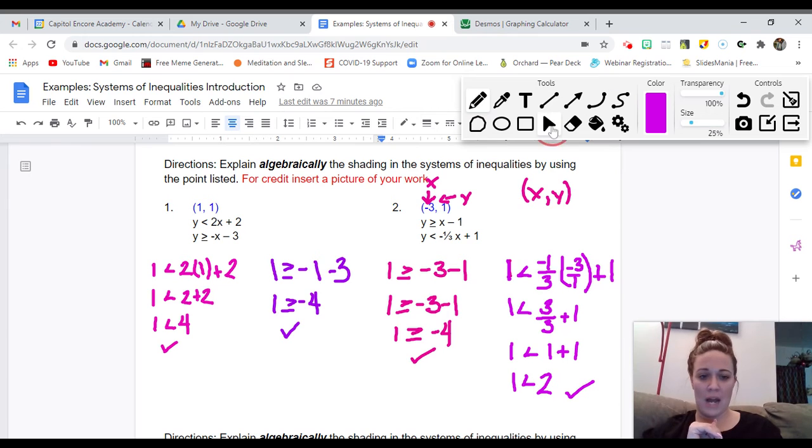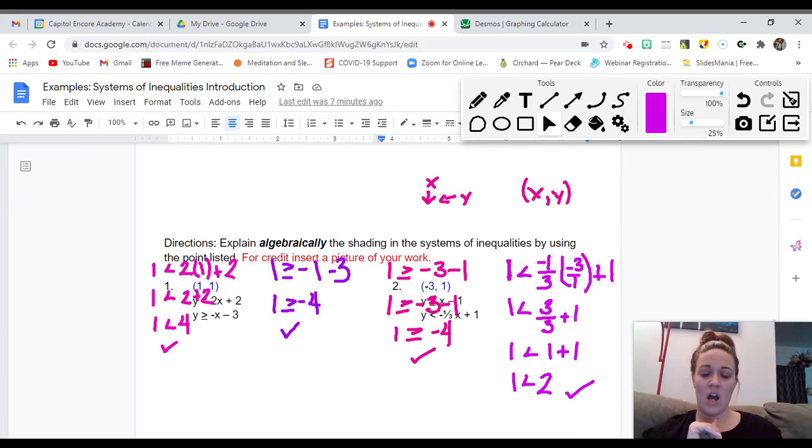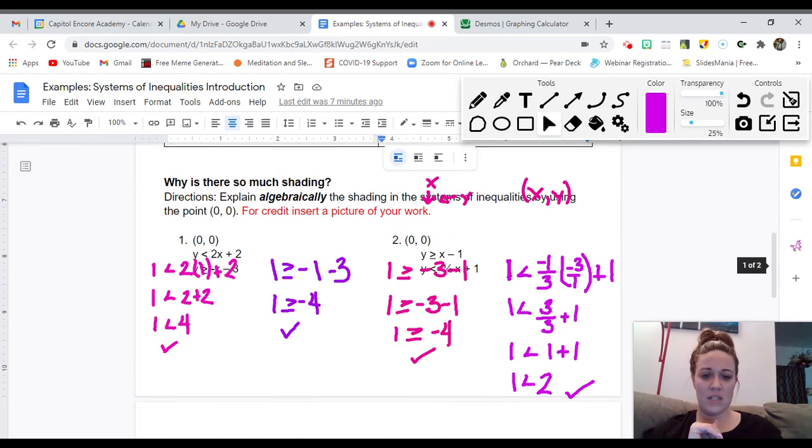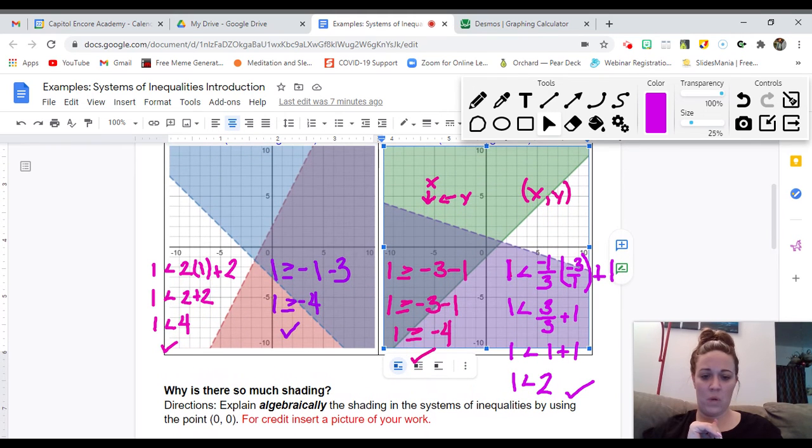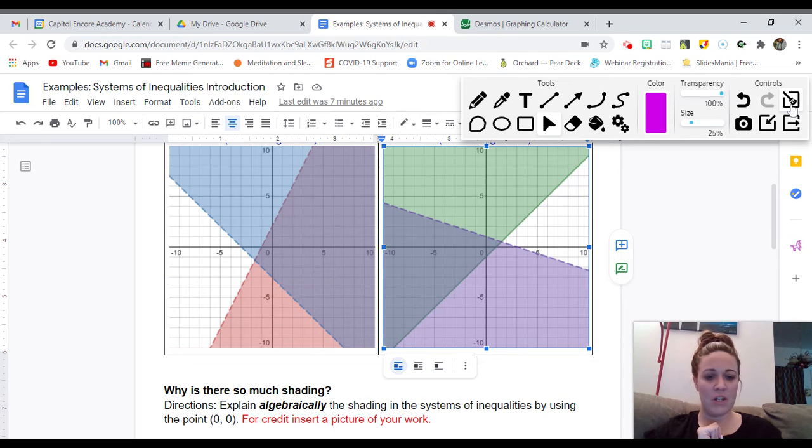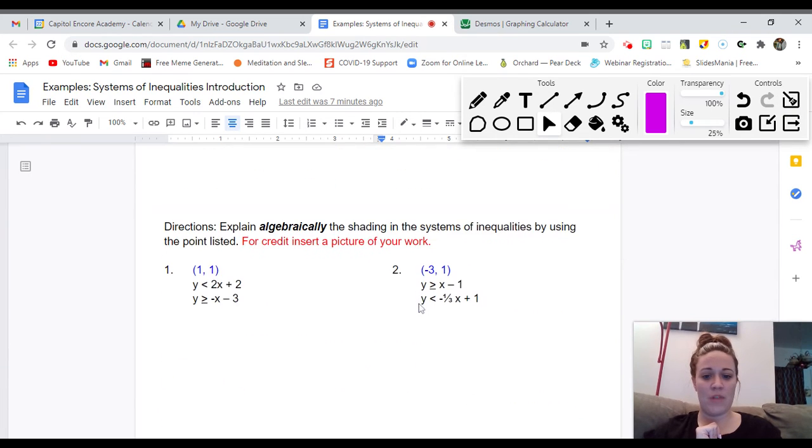So that would be why the shaded area also included the point -3, 1 in the solution section, the one that was double shaded, to represent the points that are a true statement to the inequality that is listed. Okay, I'm going to clear this off, and we have a couple more things to prove.